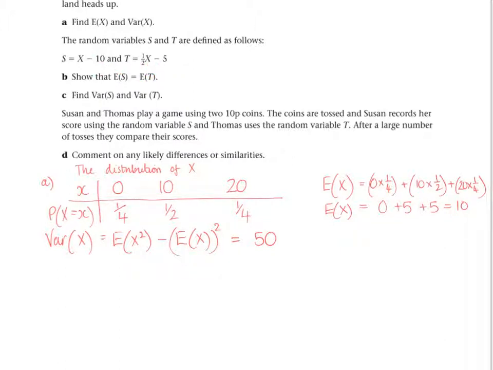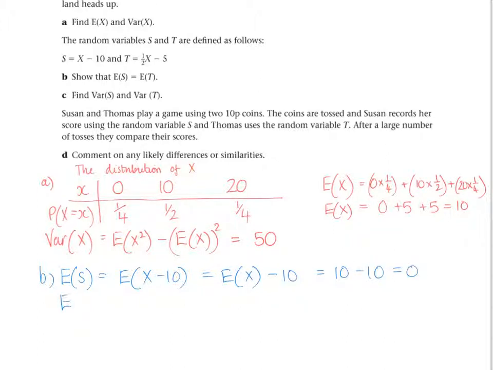So in part B, E of S is going to be the same as E of X minus 10, which is just E of X minus 10. So if we pop that in there, that will just be 10 minus 10, which is 0.